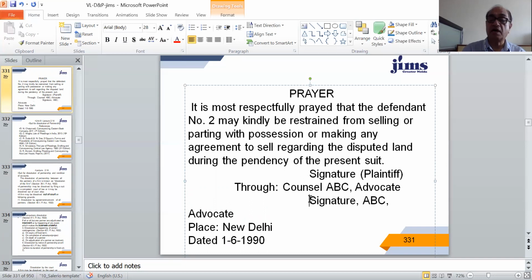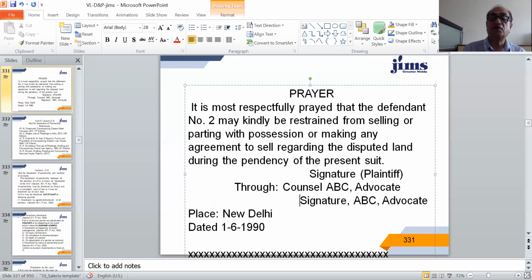So dear students, this is how an application for grant of temporary injunction is to be drafted by you. The purpose I told you in the beginning is that there is a distinction between permanent injunction and temporary injunction. Temporary injunction is granted during pendency of the suit, whereas permanent injunction is granted when the suit is finally decided by the court.